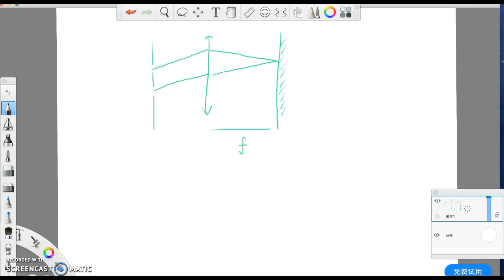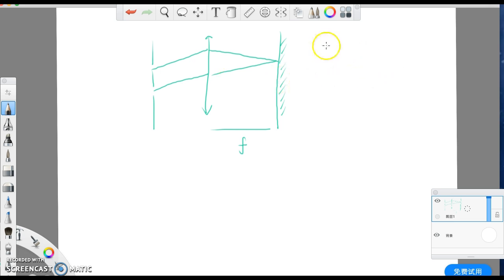Or let's put it the other way: by putting the lens after the aperture, and the screen at the focal plane of the lens, the Fourier transform describes exactly what will appear on the screen, not approximately.